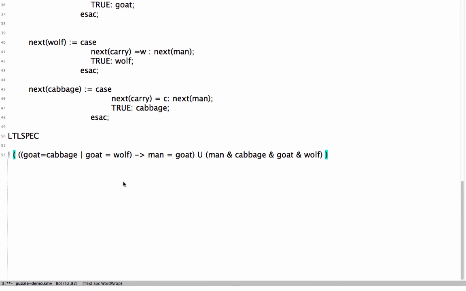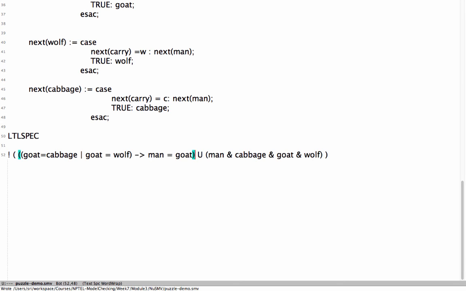We have a not of this entire formula, which is a phi 1 until phi 2, and phi 1 is this formula. If goat equal to cabbage or goat equal to wolf, then the man should be equal to goat, and this property should be true until man and cabbage and goat and wolf.